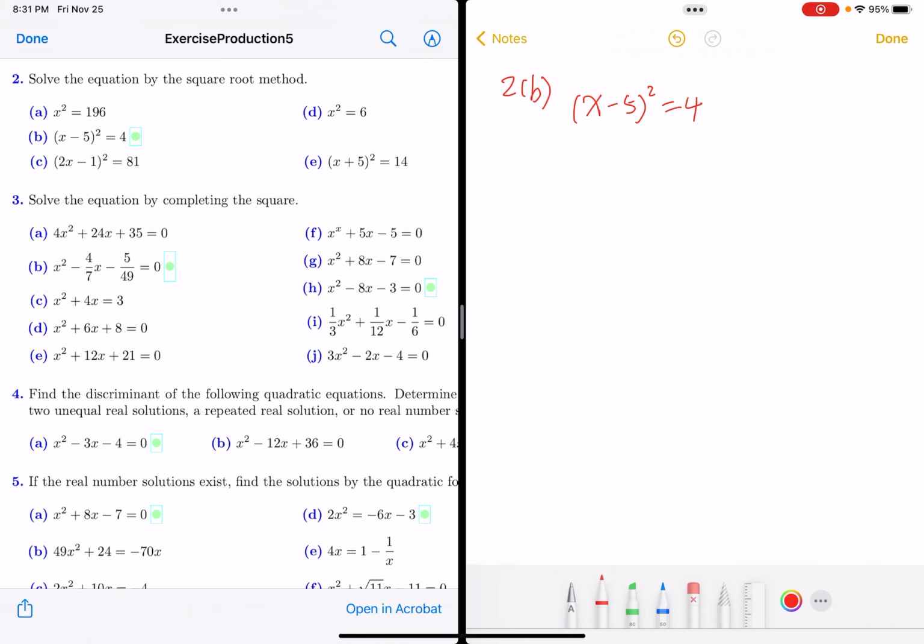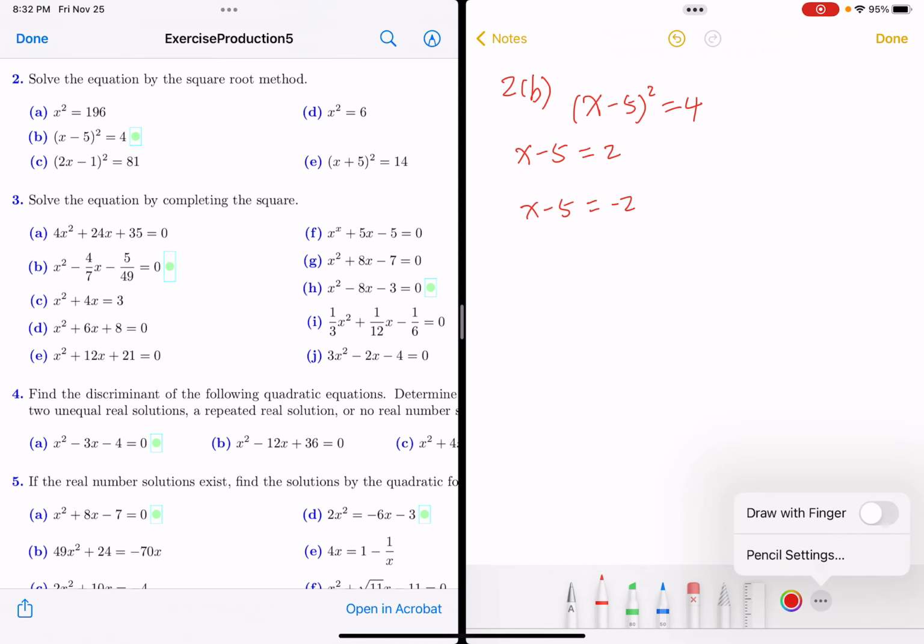If we take the square root on both sides, then we shall have x - 5 equals 2, and then x - 5 could also be negative 2.